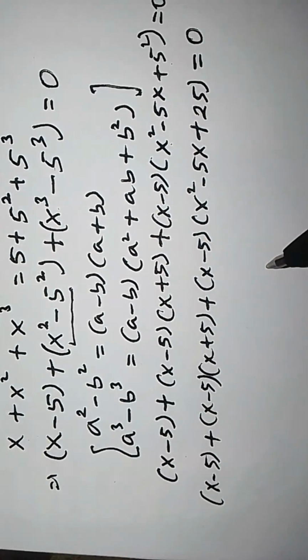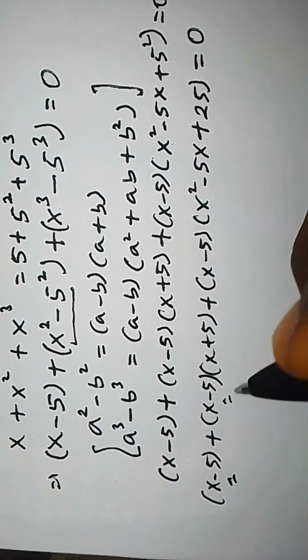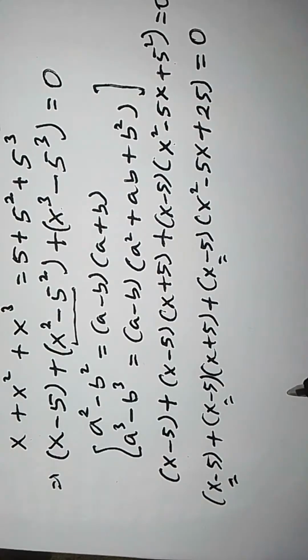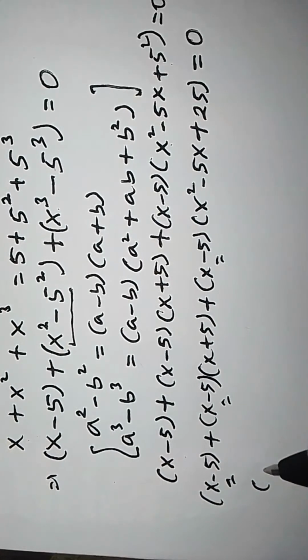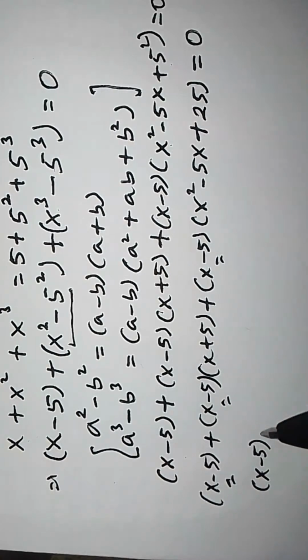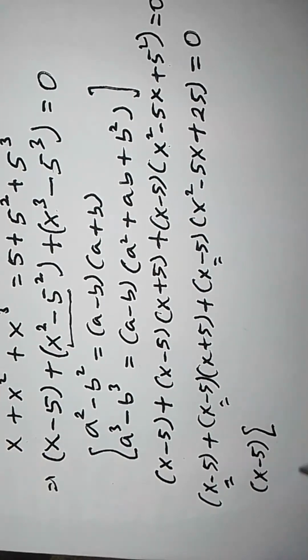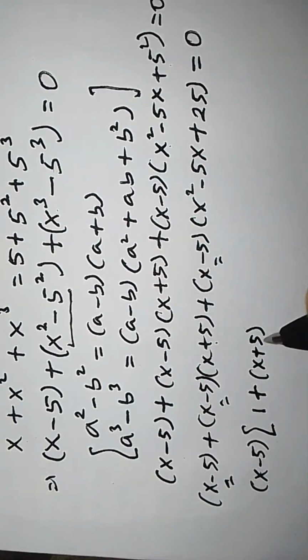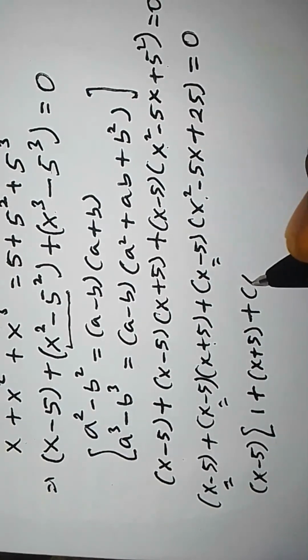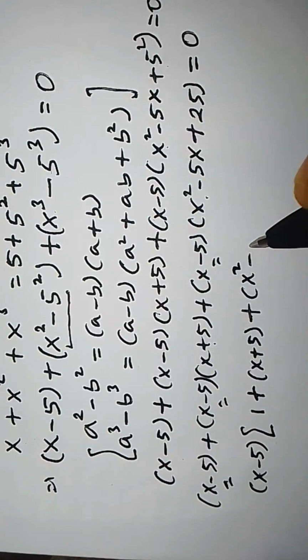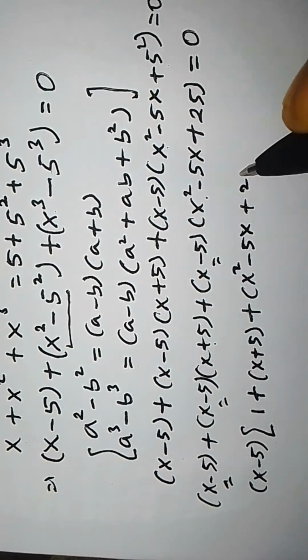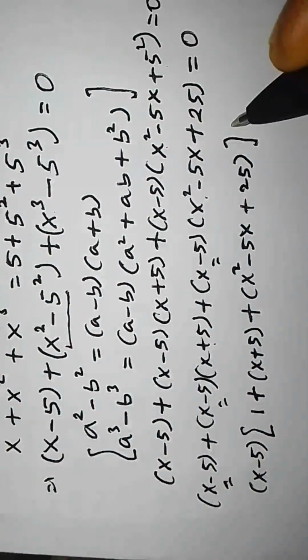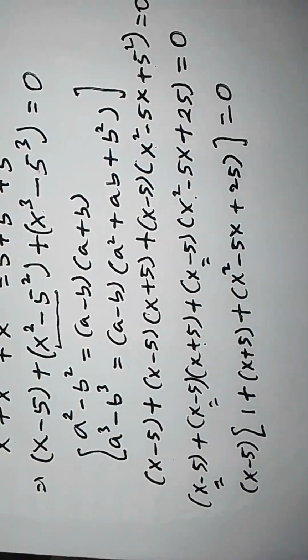You will see that something is very common here, that is x minus 5. It is common throughout. We can pull it out. So that will be x minus 5 into, in place of x minus 5 now, we write 1 plus x plus 5 plus x square minus 5x plus 25, close the brackets, equal to 0.